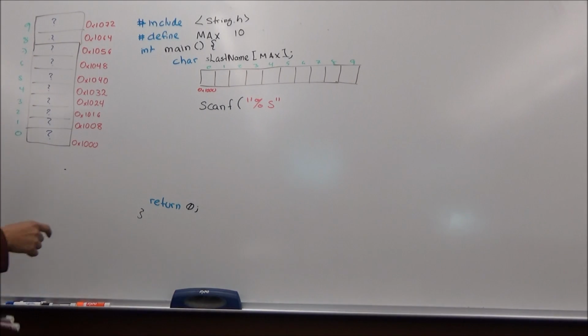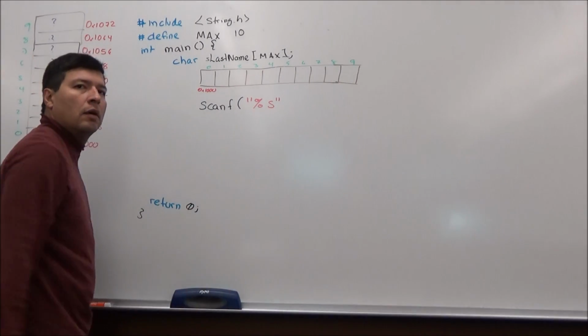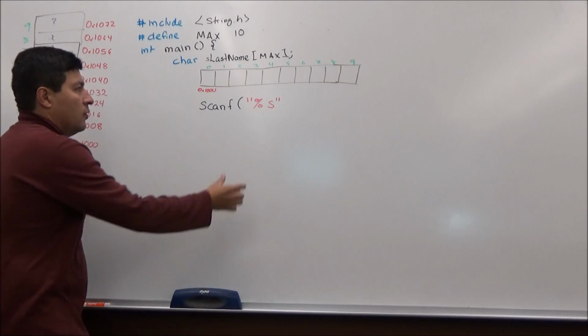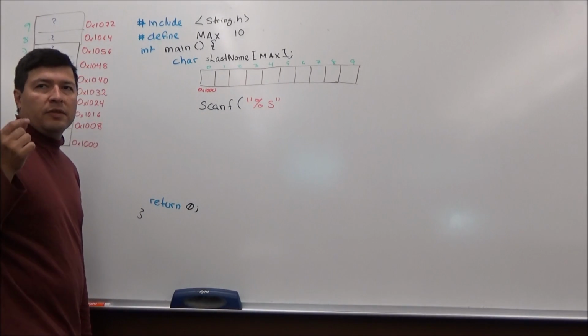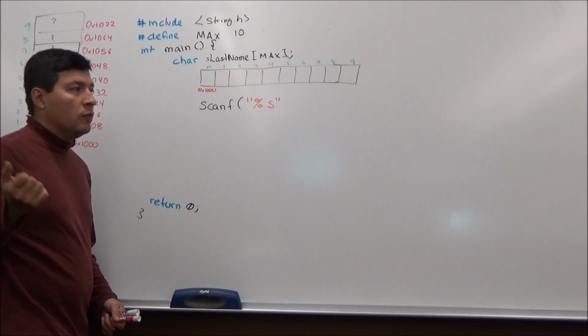You know what a string is? This is a string right there. Because a string is delimited with double quotes. A single character is delimited with one quote.